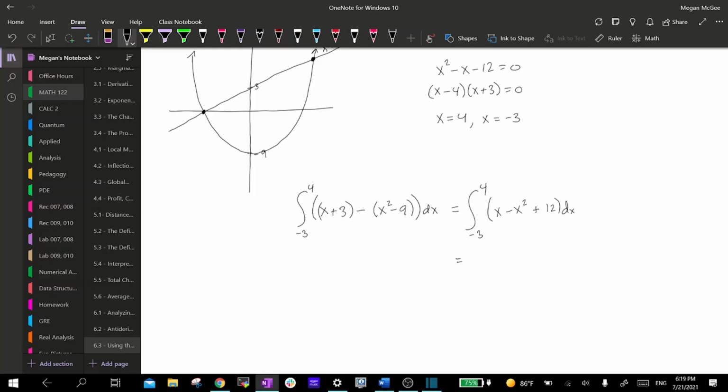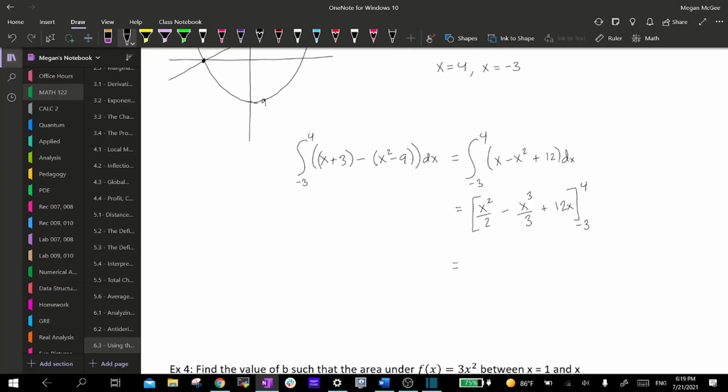All right, and then we can go through and take the integral of each piece. So we have the integral of x is x squared over 2. The integral of x squared is x cubed over 3. And the integral of 12 is going to be 12x. So then all of this needs to be evaluated from -3 up to 4. All right.